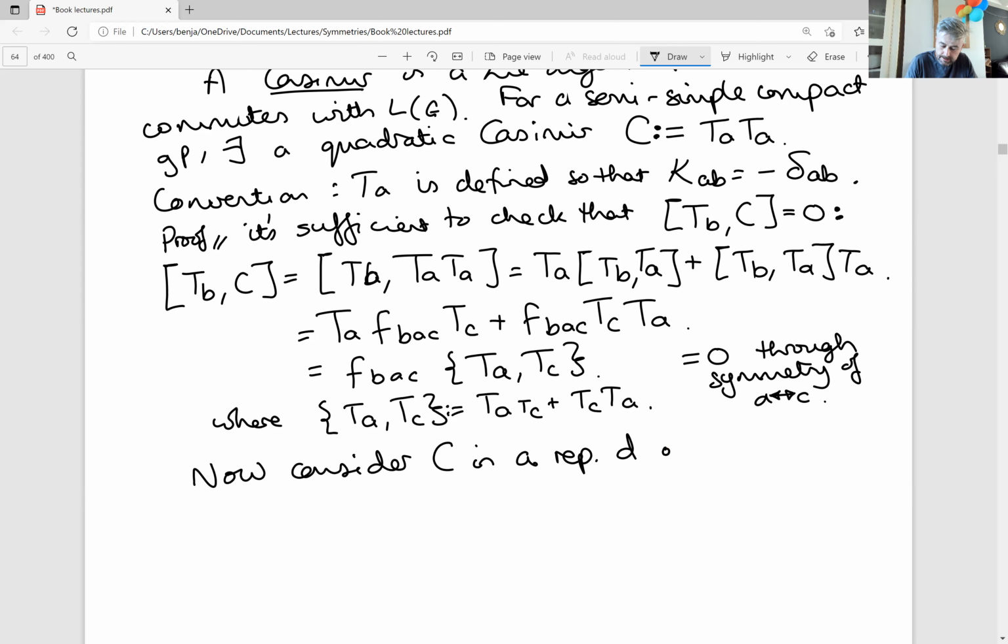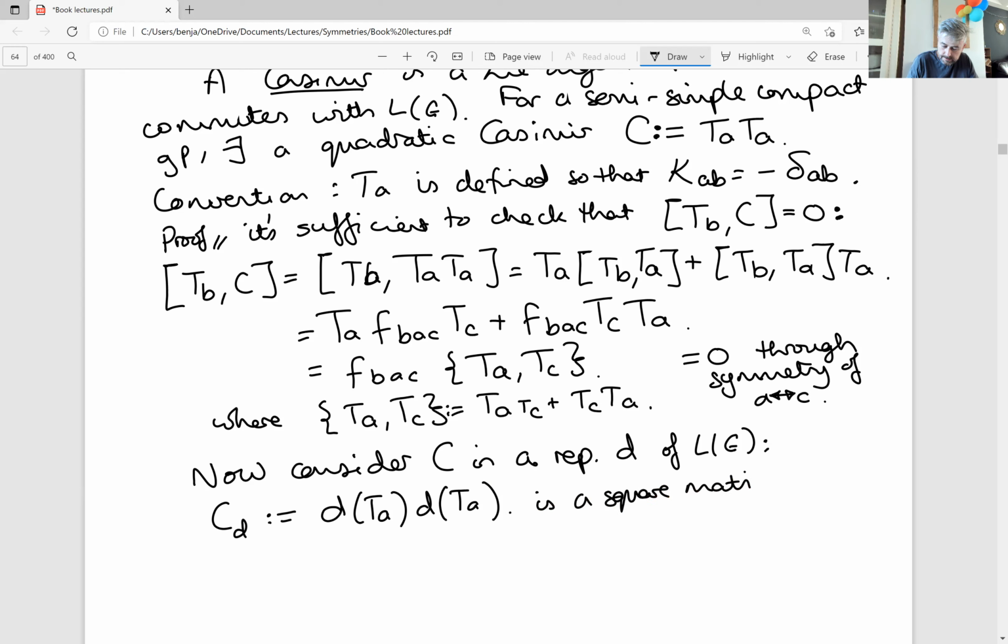Representation little d of the Lie algebra. So we're going to put suffix d, and this is defined to mean d of T_A, d of T_A, where of course A is summed over. And so this is a square matrix. It's got whatever the dimensions of D are in it.